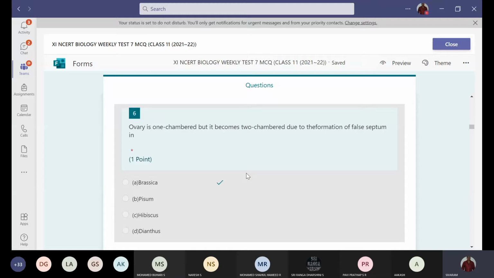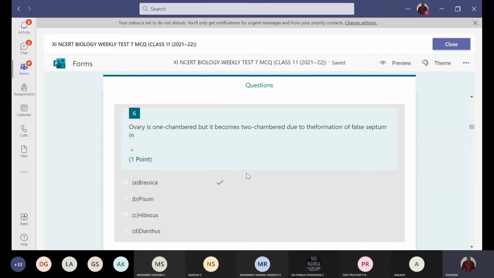septum in brassica. Such a placentation. We observe this placentation. In case of free central type of placentation, we'll observe this arrangement.